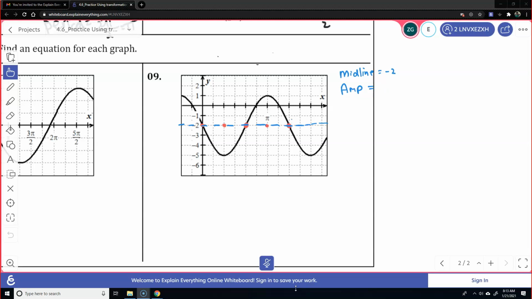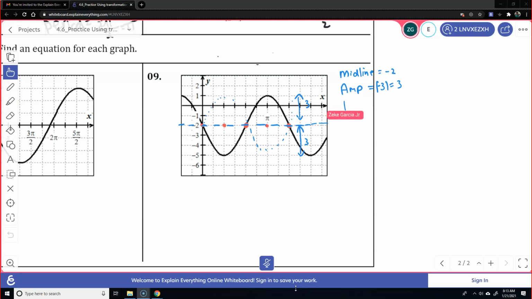I know it goes up 1, 2, 3, so an amplitude of 3. 1, 2, 3, so it goes down 3. So there's the absolute value of 3, which is 3. Now, you notice that sine normally goes like this. So there is a reflection. So it really is -3.